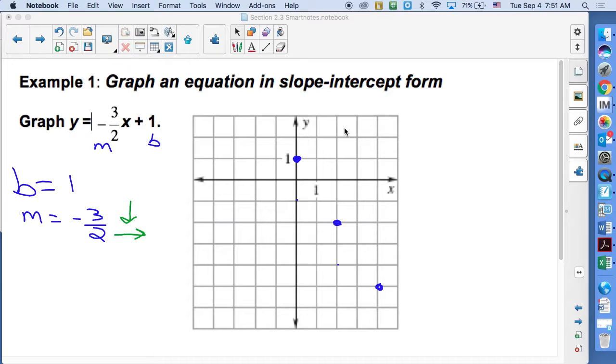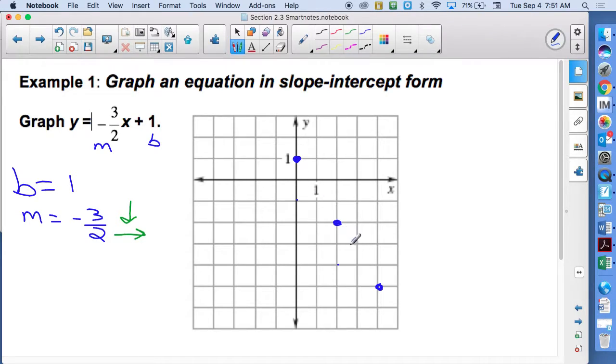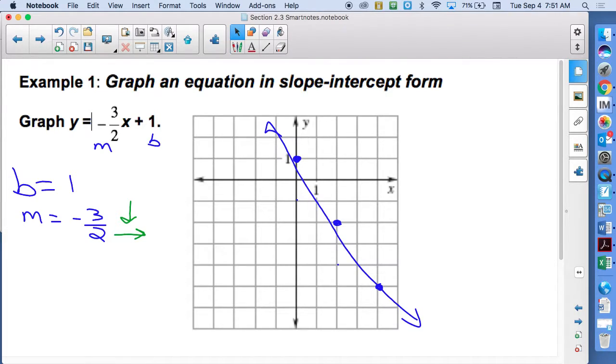And then we want to connect our points with a line. Hopefully yours is a better line than mine. So that'll be slope-intercept form. Any questions? So slope-intercept form is y equals mx plus b. It gives you the slope and the y-intercept. That's why it's called slope-intercept form.